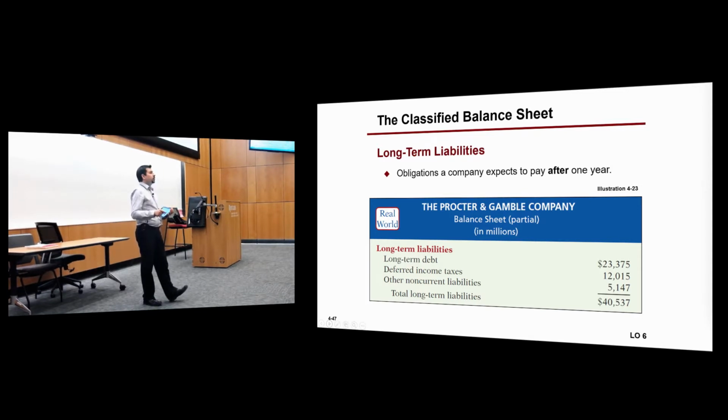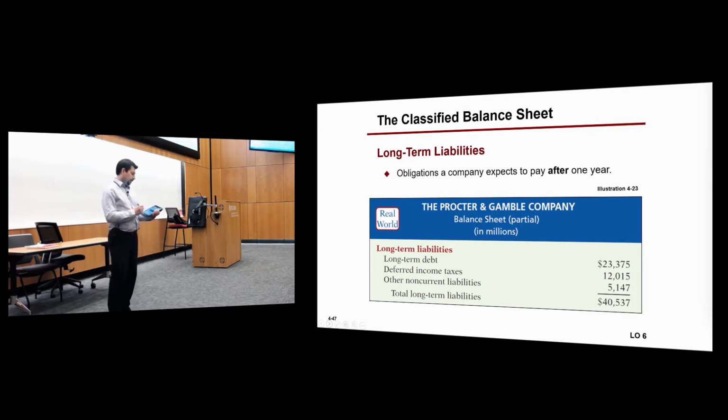So it's current because you expect to pay it within this month. Originally, when you took the loan, it was a long-term loan. But now it's coming to maturity, which means that now you will have to pay it. Because you have to pay it within this year, it becomes automatically a current liability.